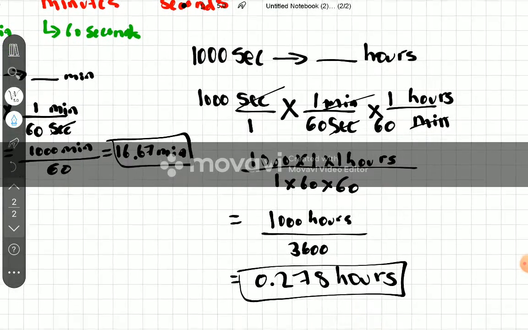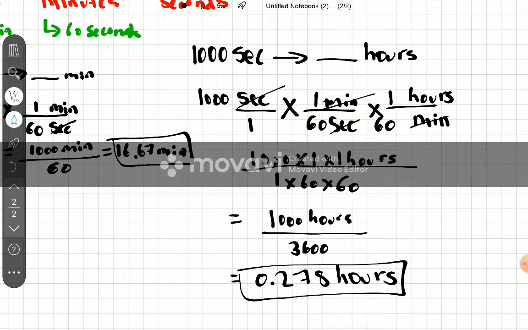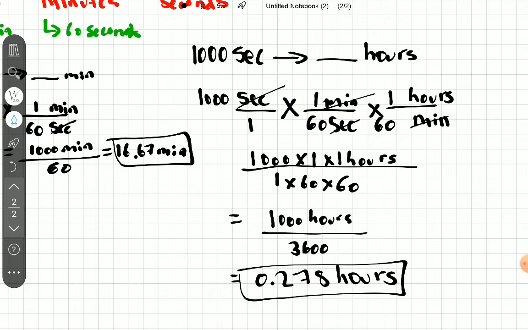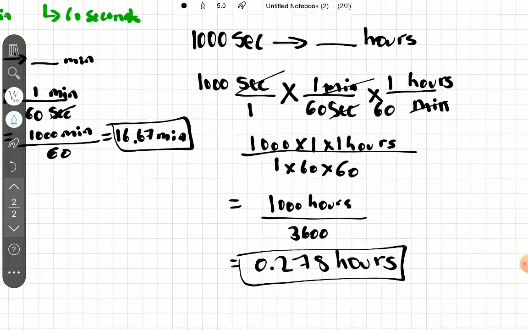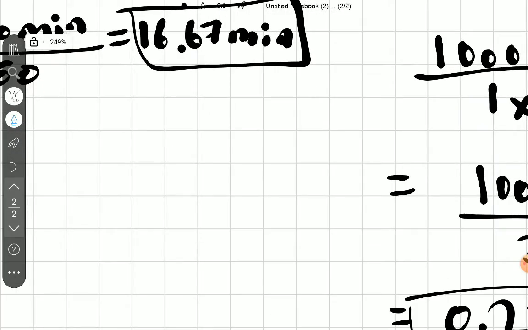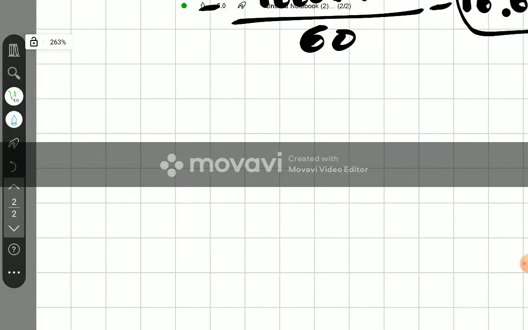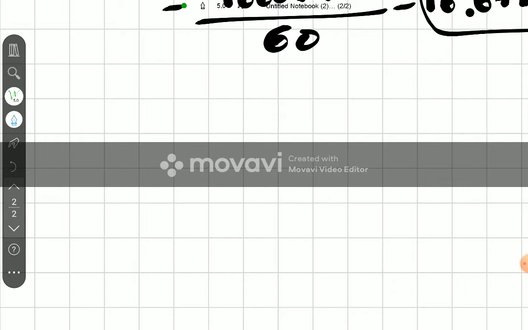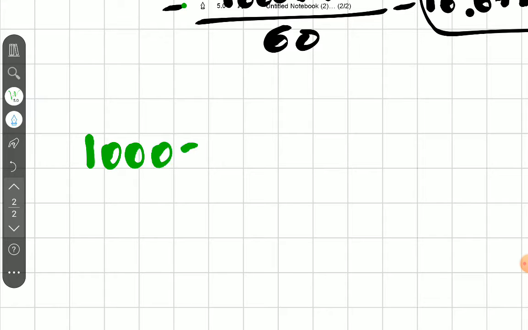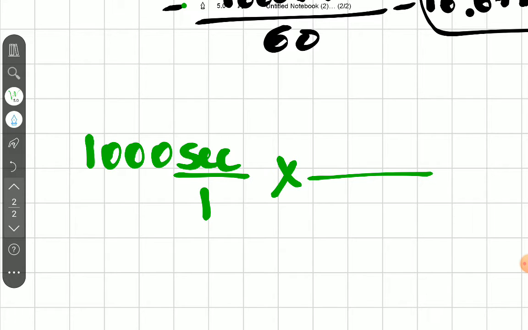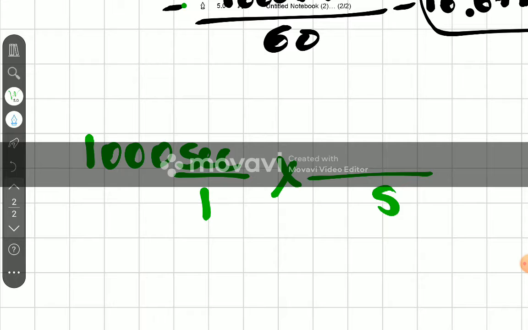If you actually knew how many seconds there are in an hour, you can just do 60 times 60, and that's how many seconds there are in an hour. So if you knew how many seconds there are in an hour, or you calculated it in your head, it would be 1,000 seconds over 1, and you want to cancel out seconds, so you multiply by 1 hour over 3,600 seconds.